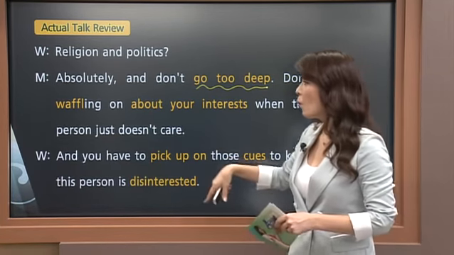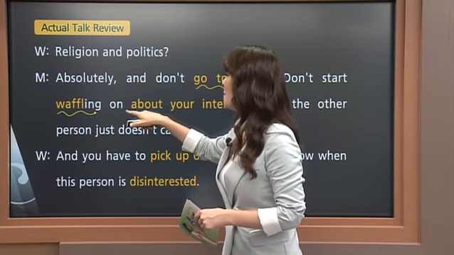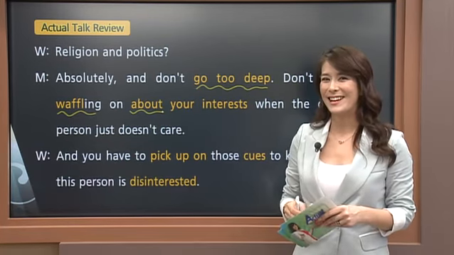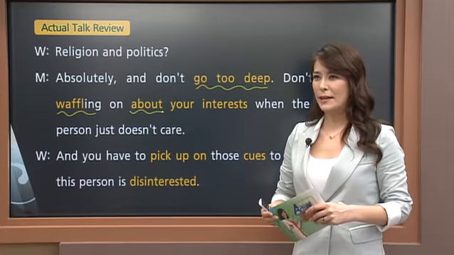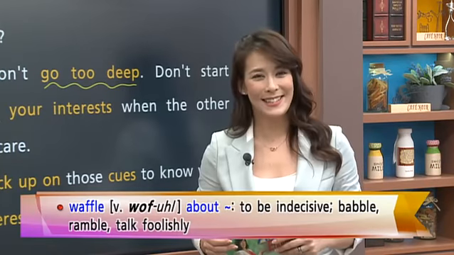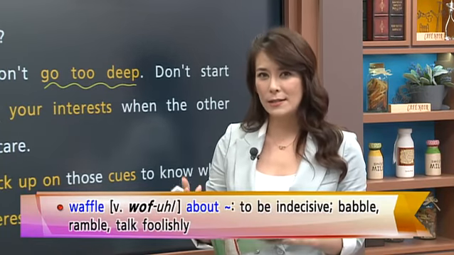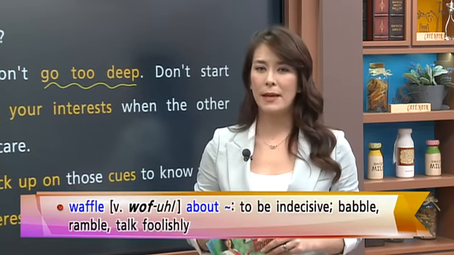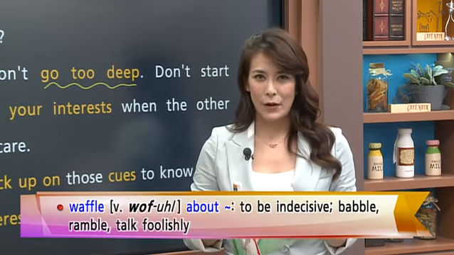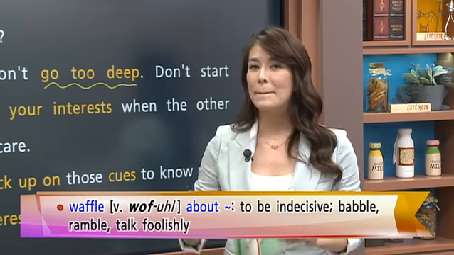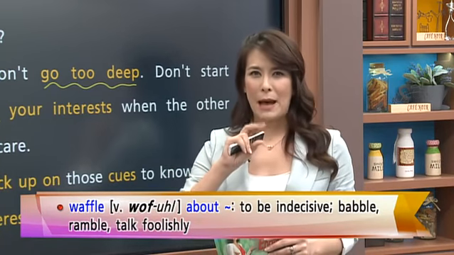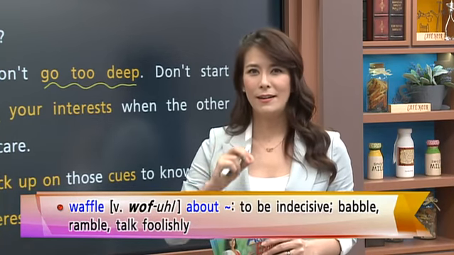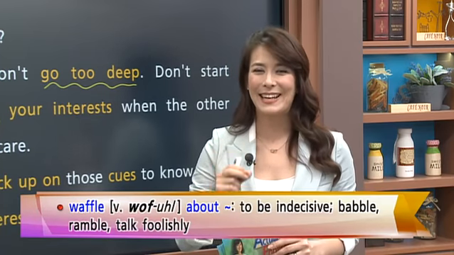Now let's take a look at waffle about something. Okay. Now, waffle, we're not talking about the very sweet and delicious snack. Waffle about something means, in some cases, to be indecisive, to have a hard time deciding what to do. But in this case, it means to babble on, to go on and on by talking and talking and talking.